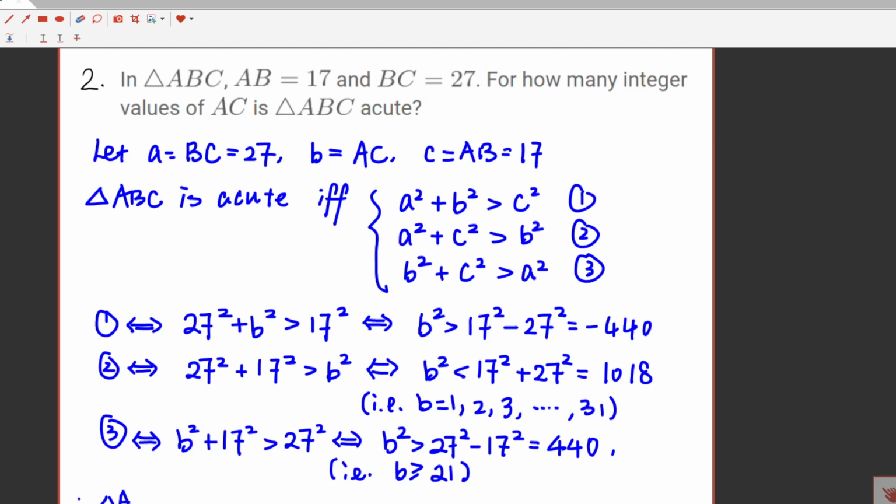We can make this conclusion here. Triangle ABC is acute for b equals 21, 22, all the way until 31, which consist of 11 values.